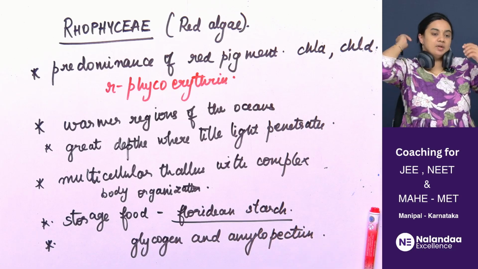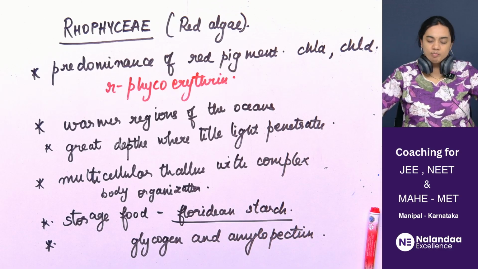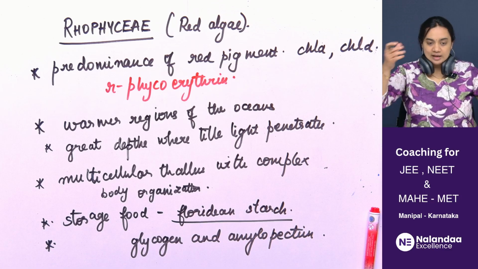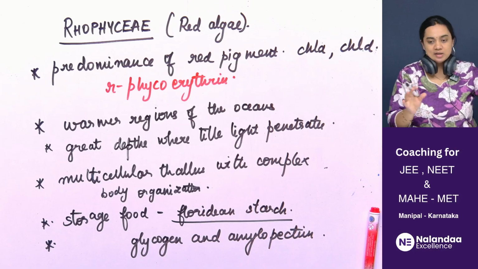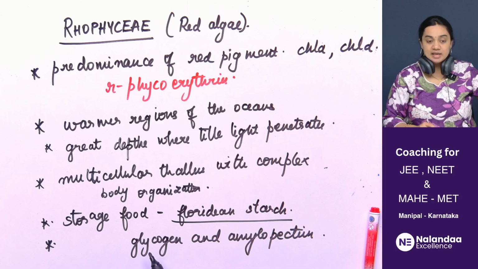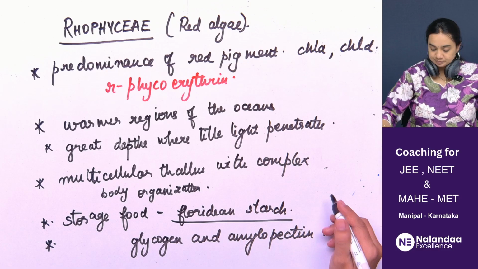Now listen, glycogen is a polymer of what monomer? Cellulose, you know, right? Cellulose is a polymer of glucose. Same way, glycogen is also a polymer of glucose only, except there are small structural differences, like the branching, all of that. So the storage food material in case of class Rhodophyceae is Floridean starch, which is similar in structure to glycogen and amylopectin.